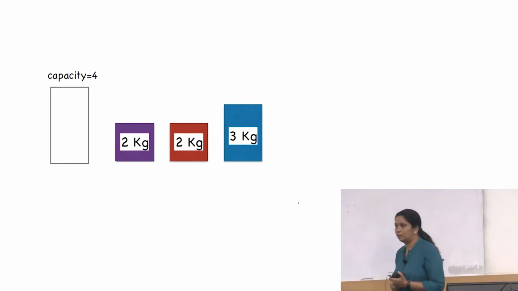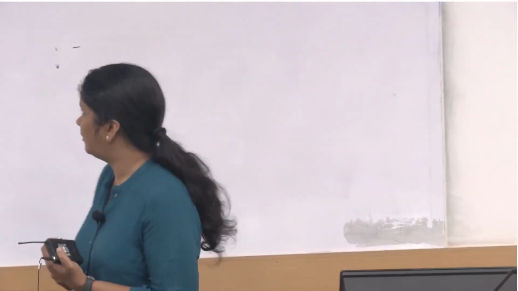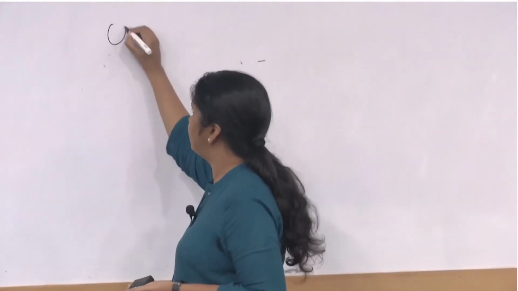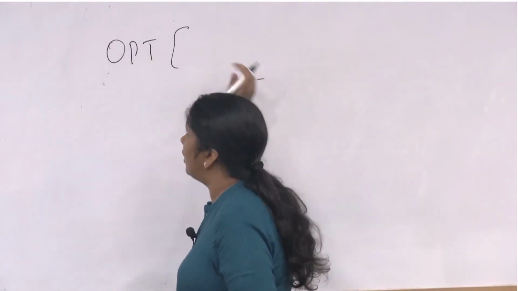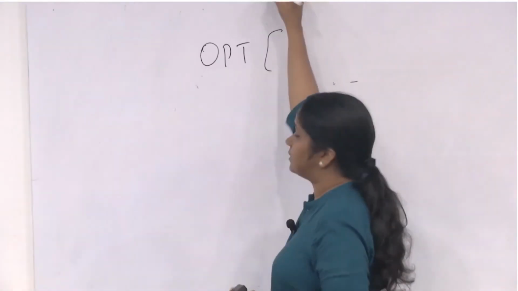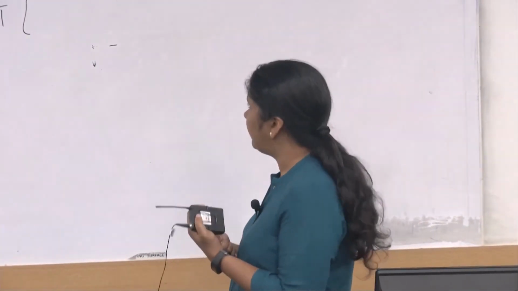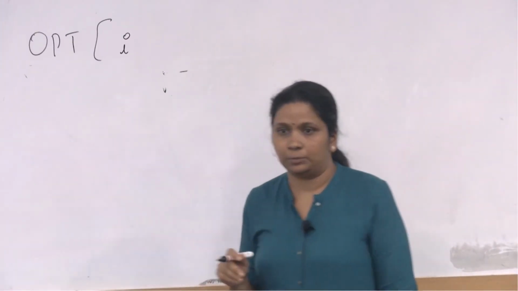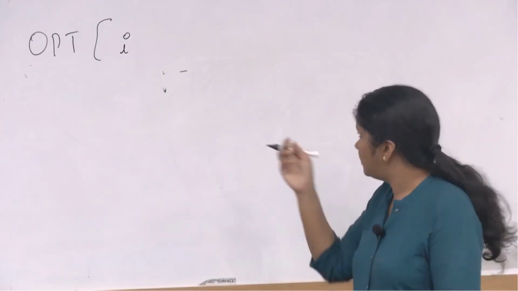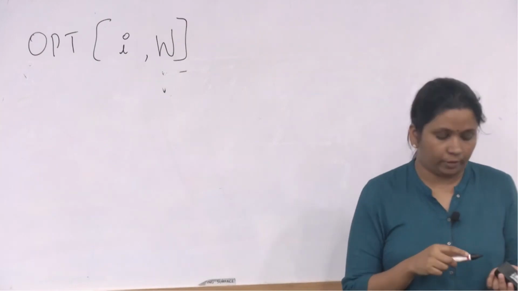Now, I want to define a subproblem, something like this: opt of... You are given n items, so let's order the items from 1 to n, and find the optimum using I of them. And let's say this is the max capacity for I.